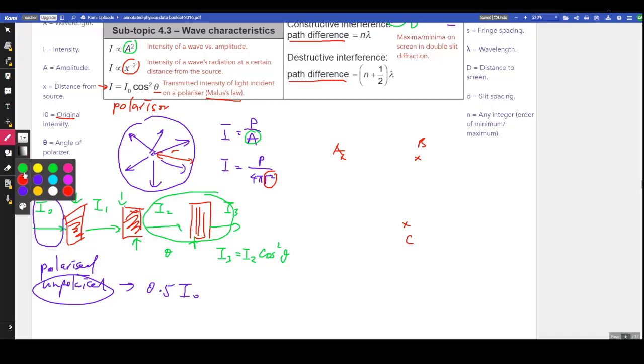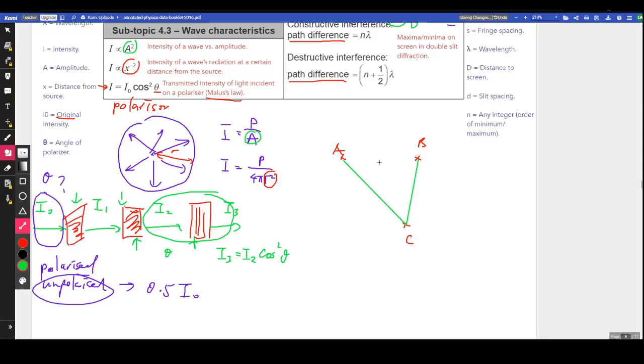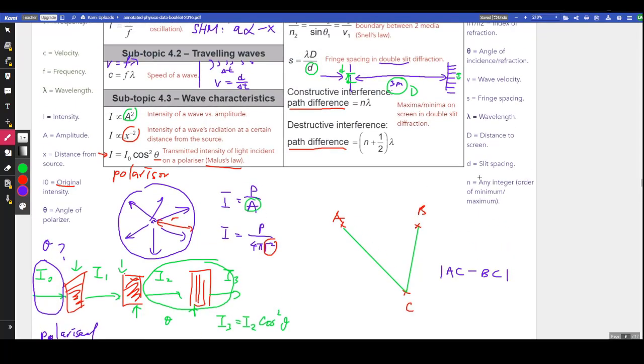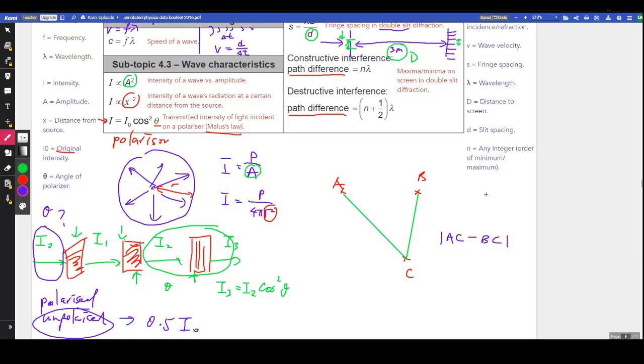If you simply want to find the path difference, you draw a straight line from A to C and another line from B to C, and the distance of these two minus each other will be the path difference. So path difference in this case will be the absolute value of AC minus BC. I put absolute value because we just want to know the positive value of the distance.